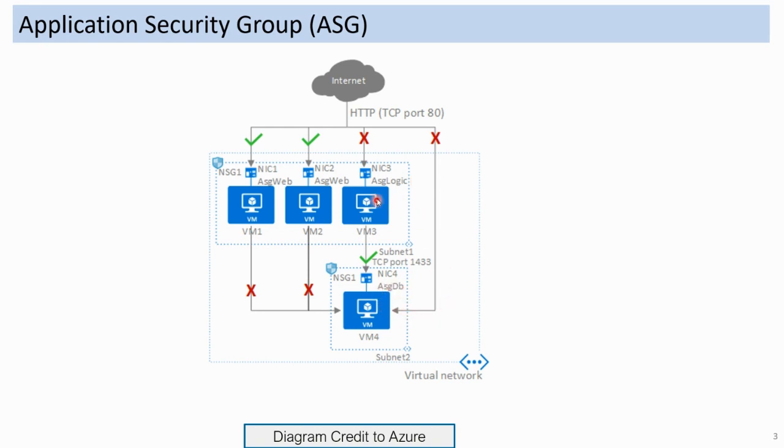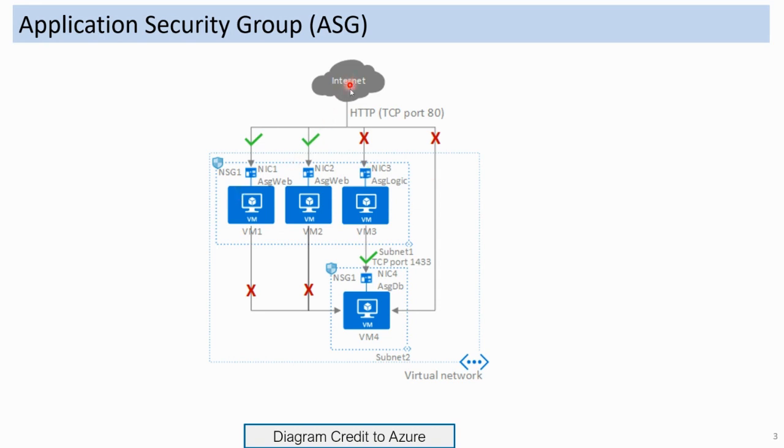Like for example, the ASG logic I will attach to the new application servers, and to the new database server I will attach the ASG DB, and through which the traffic gets restricted, because I have created a rule based on the ASG name, right? I have not created a rule based on the IP address, so that's why it is very beneficial for me.